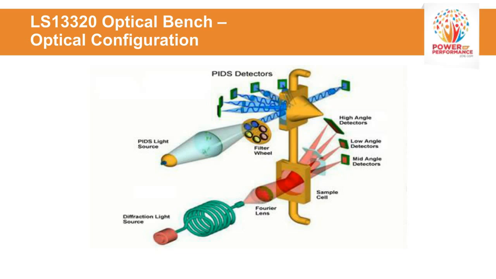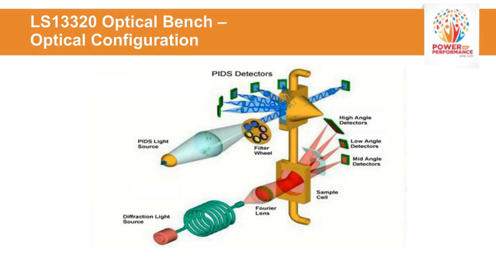I'm not going to go into details of what PIDS is all about during this lecture, but suffice to say this allows for the low-end measurement below a half a micron, 0.4 of a micron, and down to 17 nanometers, for very accurate measurement and very high resolution measurements down in that region.